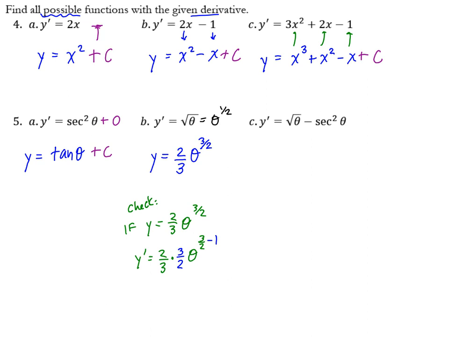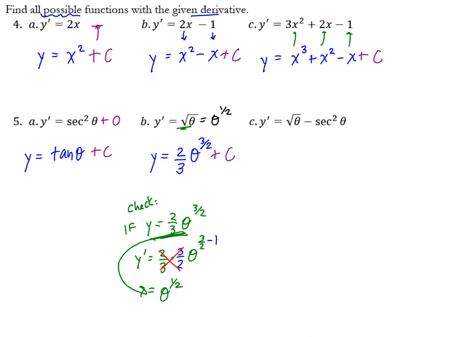So y prime cancels, right? The 3's and the 2's are gone. I don't have any value out there, just theta to the 3/2 minus 1, and 3/2 minus 1, or 3 minus 2, is 1/2. So sure enough, if I choose this function, I will get that derivative, which is what was shown up here. So I'm good, except that I have to remember that there could be some constant.